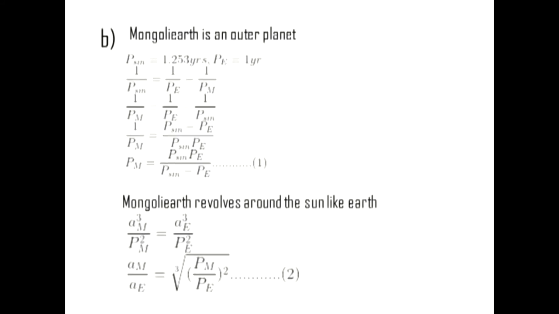Alright, that still doesn't tell us anything about the state of water. Then we must look at the flux that both planets receive from the Sun. So we know that flux is proportional to 1 over the distance, or in this case, the semi-major axis, squared.